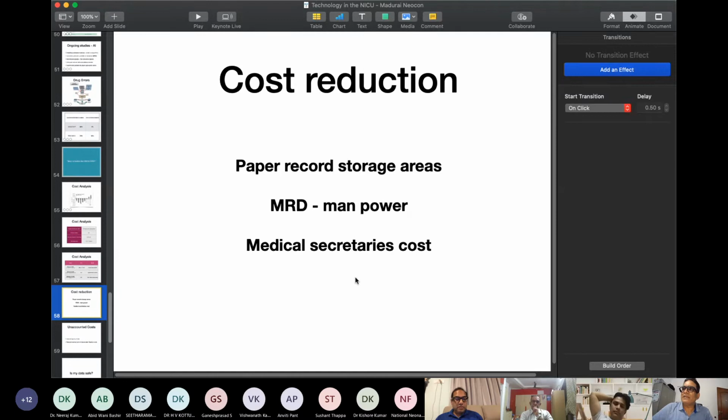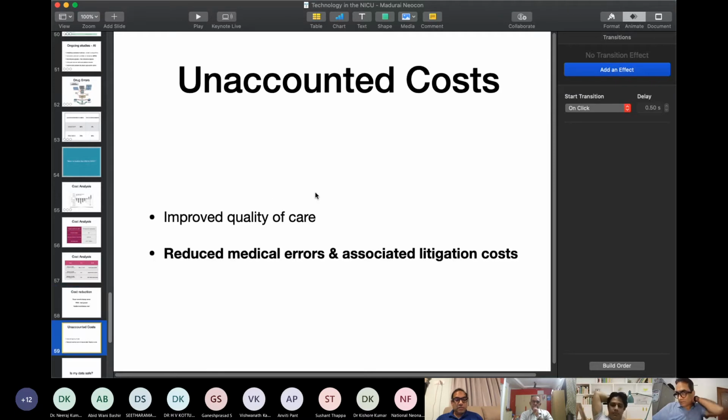And the medico-legal and litigation costs are significantly reduced when the quality of care is improved. These are all unaccounted costs, but definitely this will be of great use. Somebody asked this question on cost of the EMR. That's why I thought I'd show these slides.